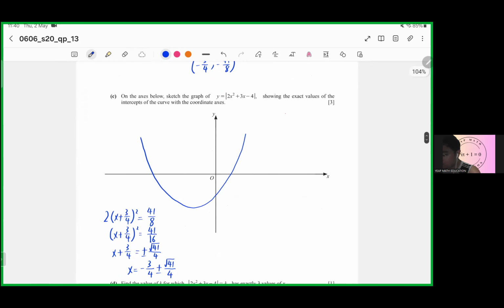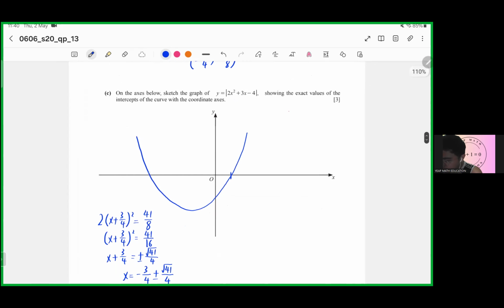Here we put (-3 minus square root of 41) over 4, and here is (-3 plus square root of 41) over 4, and then we put -4. This is our minimum point.